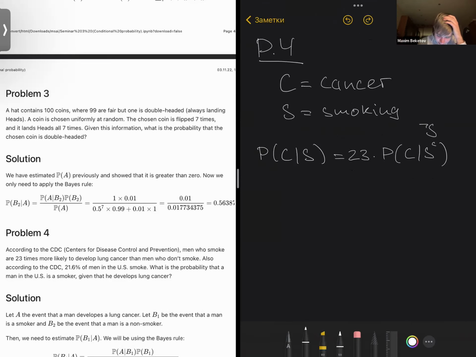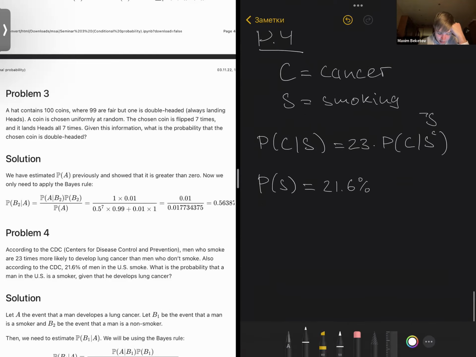If we randomly pick a man out of a crowd, I guess this is data for men, the probability of smoking would be 21.6%.